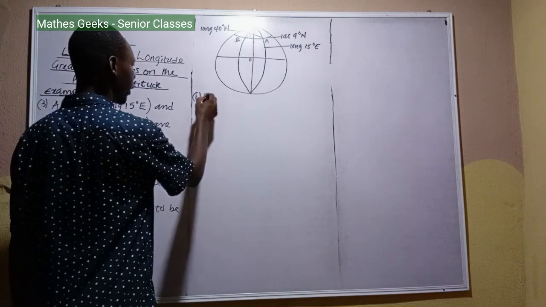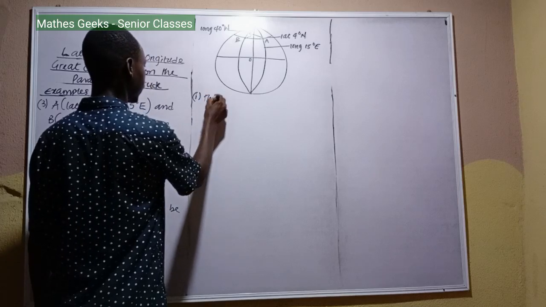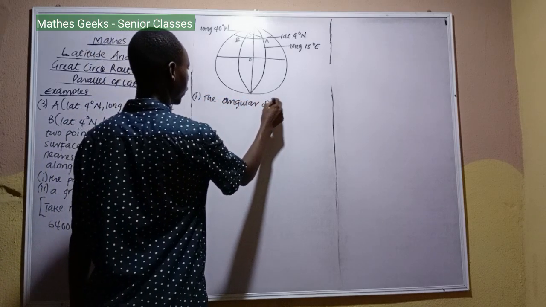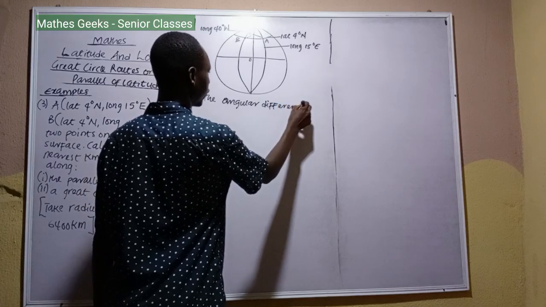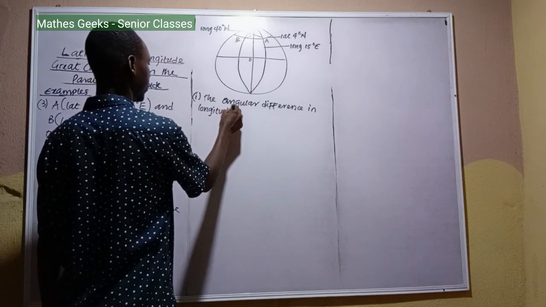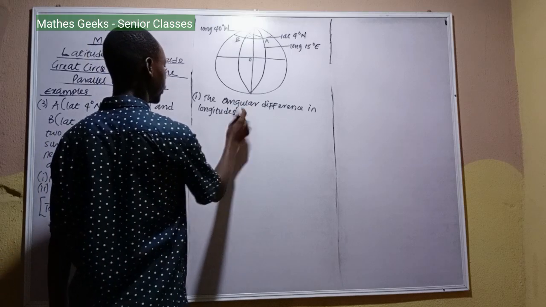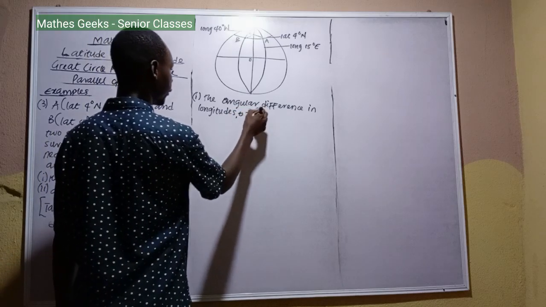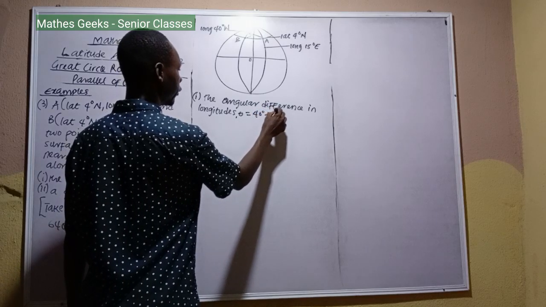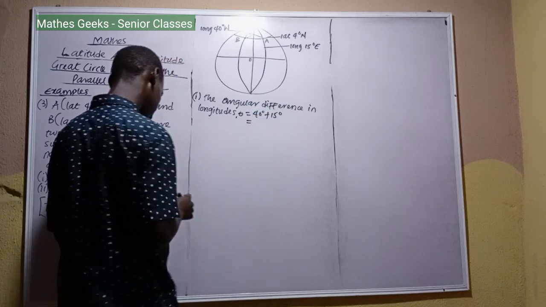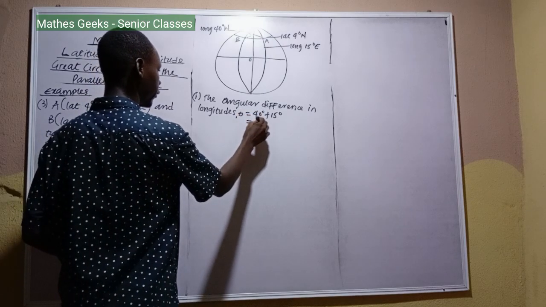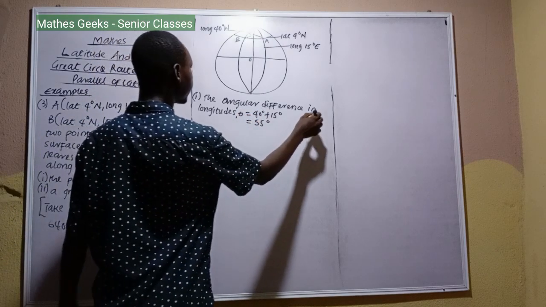The first thing we're going to do is to get our angular difference in longitude, which is theta, equal to 40 degrees plus 15 degrees, which is 55 degrees.